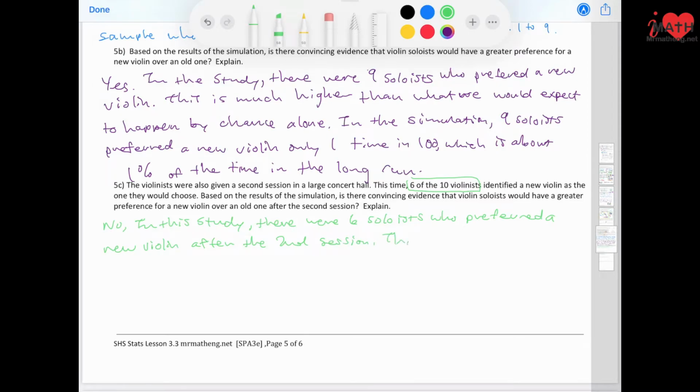This is not much higher than what we would expect to happen by chance alone.